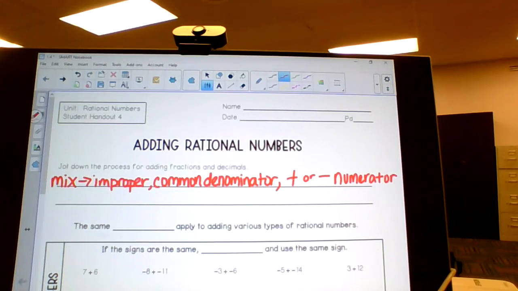Okay, so I'll add and subtract the numerators. And then the process for adding decimals. So I'm going to put decimals here. We're going to line up decimal places.